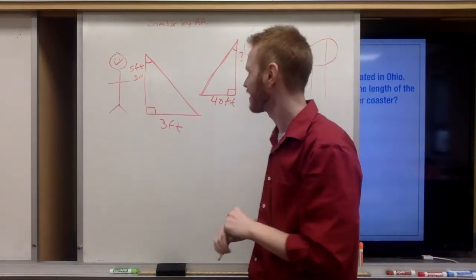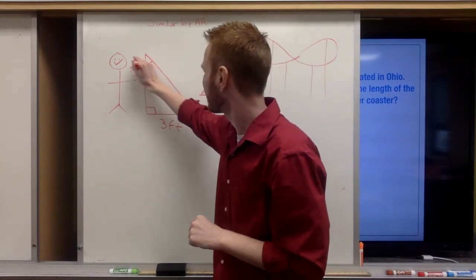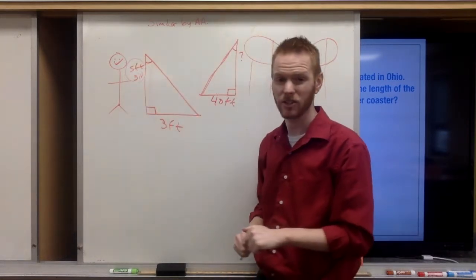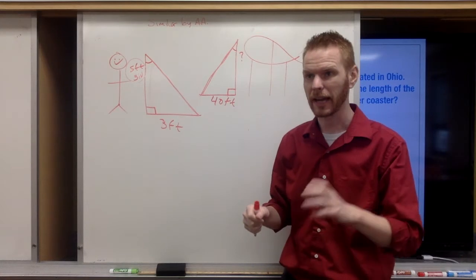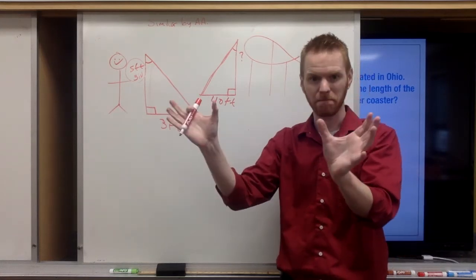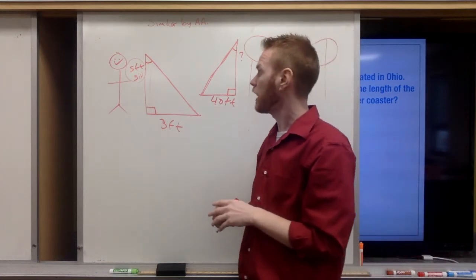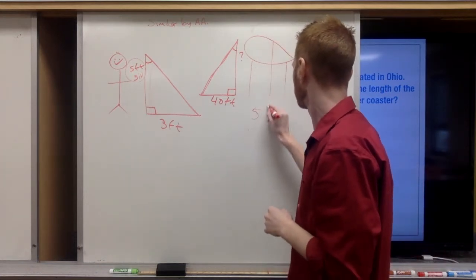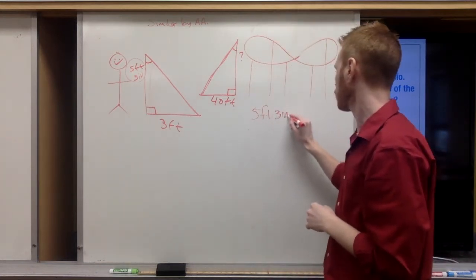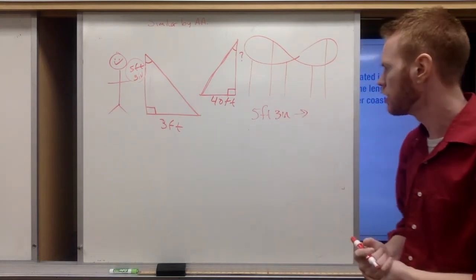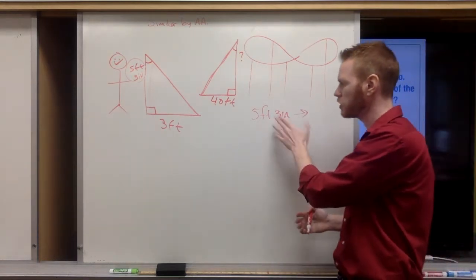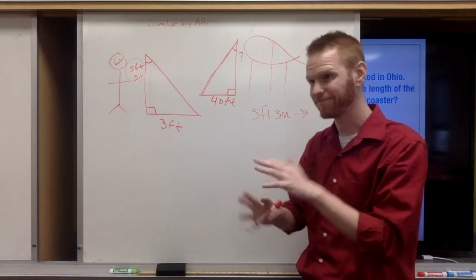One thing I want to clarify here, Nick's height's 5 feet 3 inches. If I'm going to be multiplying, I can't multiply feet and inches by feet. Not going to work. I have to do a conversion here. So 5 feet 3 inches, what would that be as a decimal? Well, a lot of people might jump to, isn't that just 5.3? Not quite.